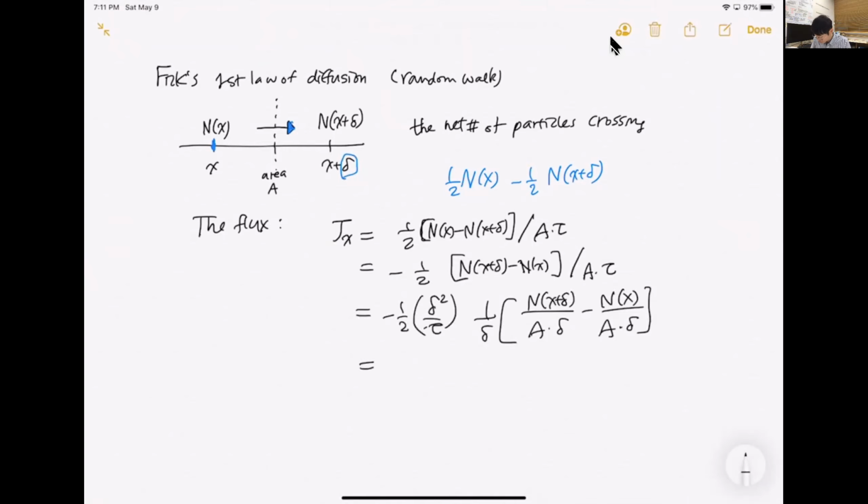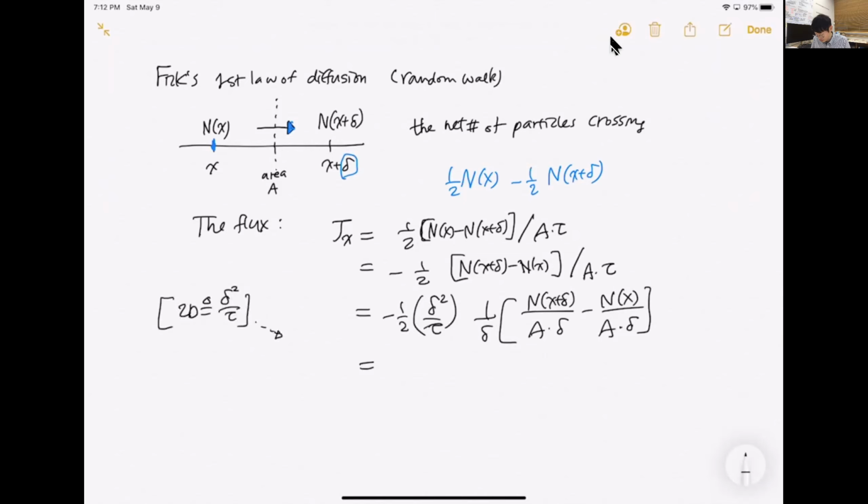And this is kind of familiar to us. So how is this familiar? Remember that we have a diffusion coefficient from our random walk, which we defined as 2D equals delta length squared over tau. So let's use that concept over here.